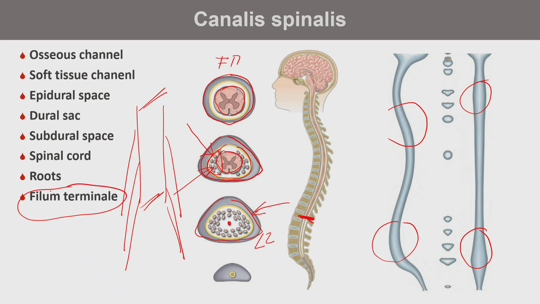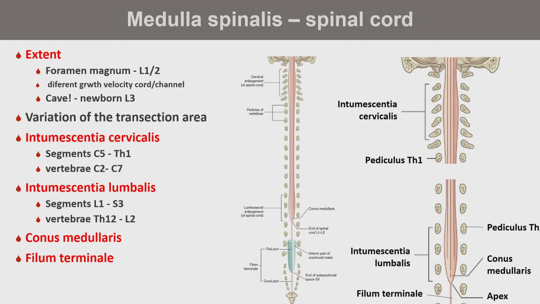So then, in the spinal channel between L2 and S2, sacral second segment, we have a sac which is containing only roots and filum terminale. So, this is the spinal channel.